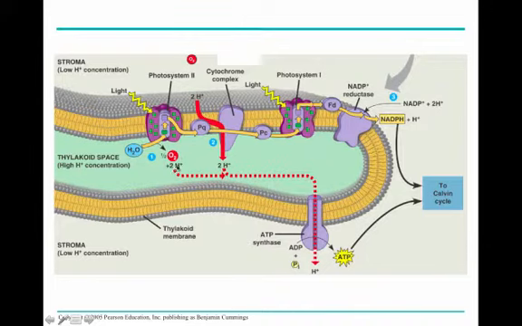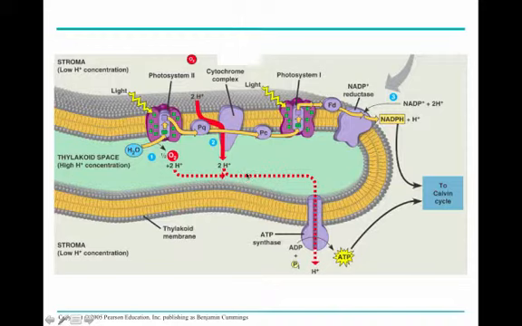You also have hydrogen ions from the splitting of water, and the only way these hydrogen ions can get out and back into the stroma to even out, because remember there's a lot more hydrogen ions in the thylakoid space than we have in the stroma, is through an ATP synthase.